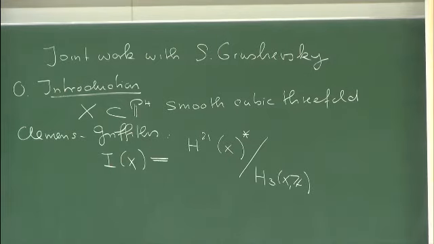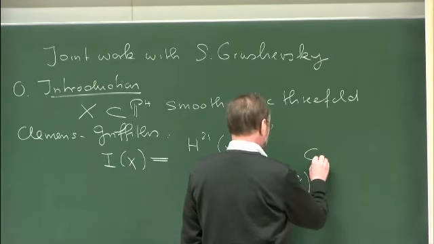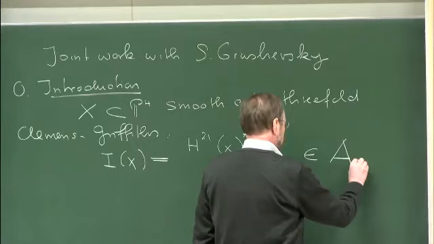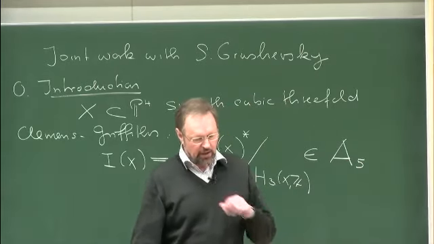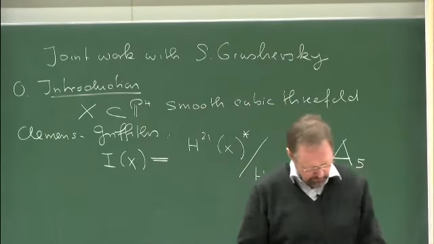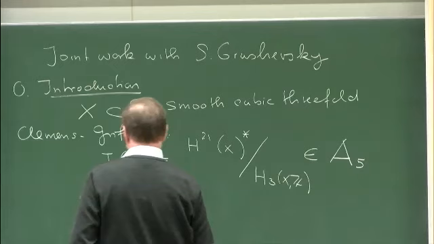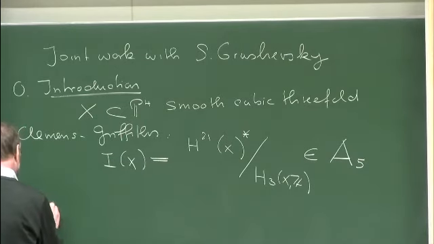That's not just a torus, it's an abelian variety, a principally polarized abelian variety of dimension 5, so it's a point in A5. This is the intermediate Jacobian.